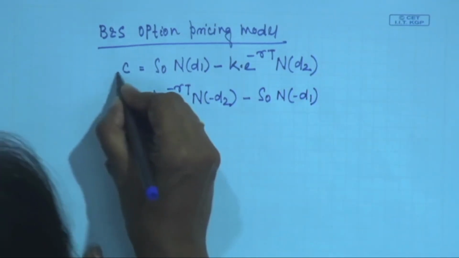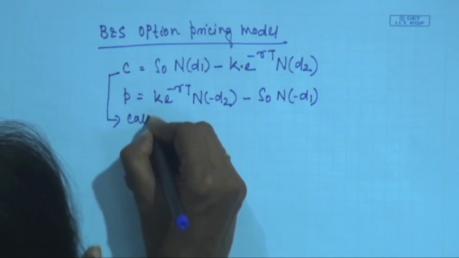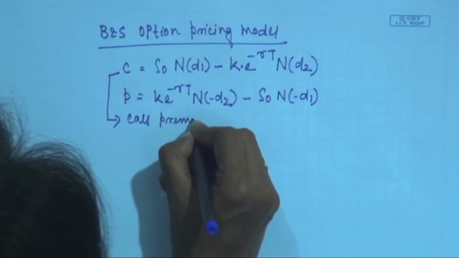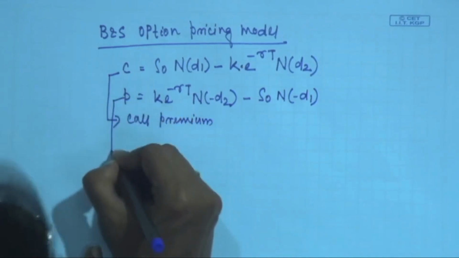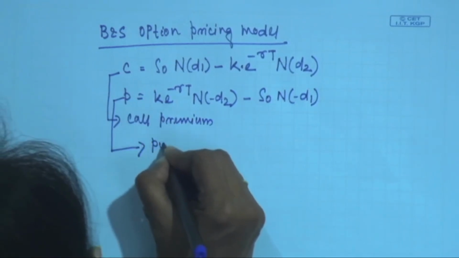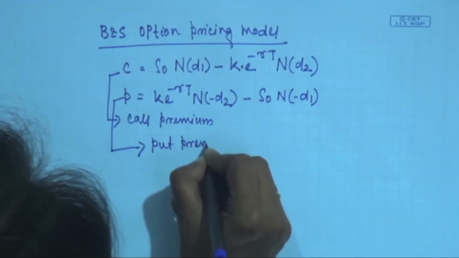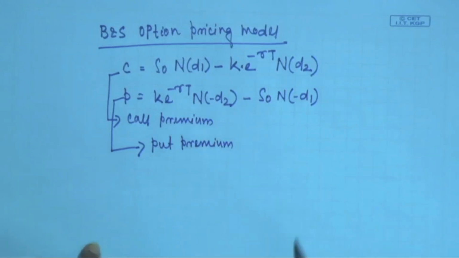C is your call premium and P is your put premium. The call premium is paid by the long call position holder, and the put premium is paid by the long put position holder, to the counterparties, that is, the short call position holder and the short put position holder respectively.